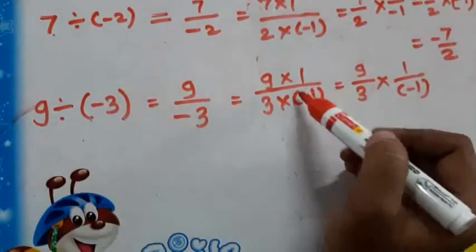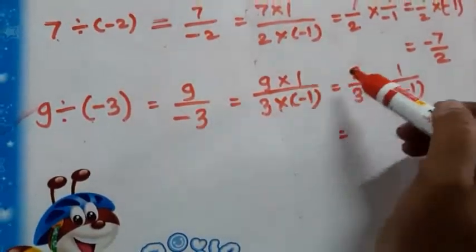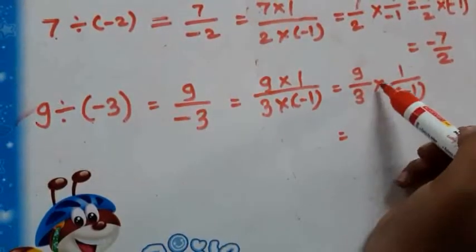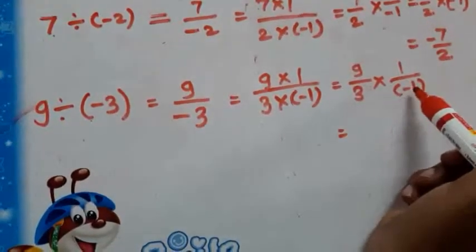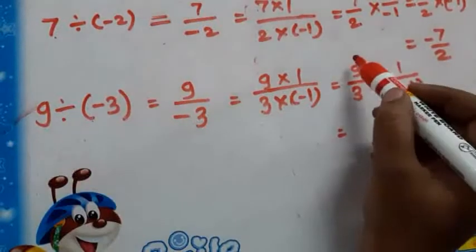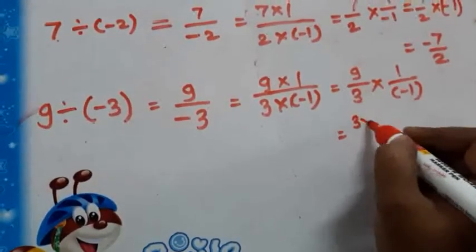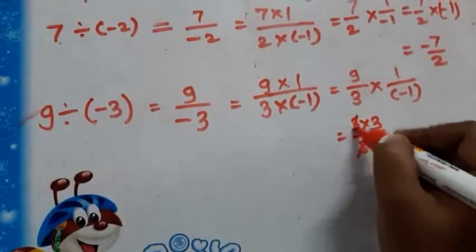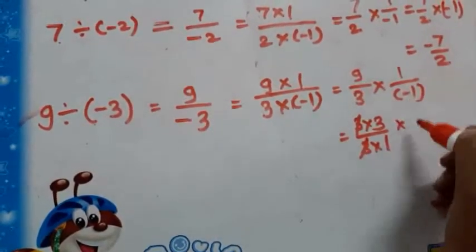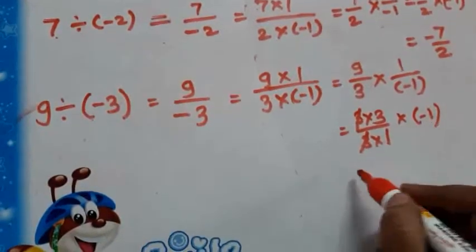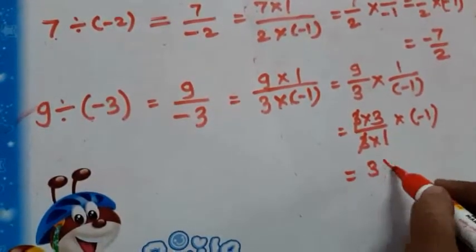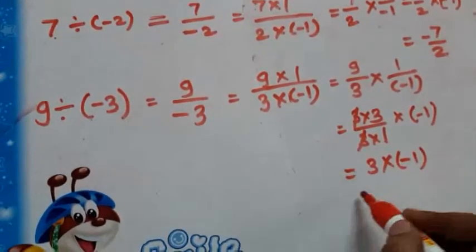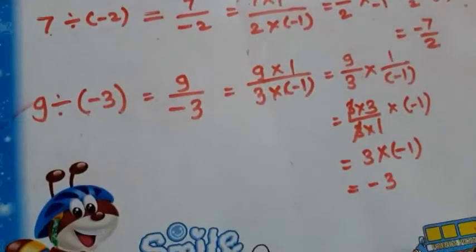So again separate this term from this term: 9 by 3 into 1 divided by minus 1. So 9 divided by 3 will be 3 into 3 divided by 3 into 1. So 3 gets cancelled, and this will be 3 into minus 1. So answer will be minus 3.